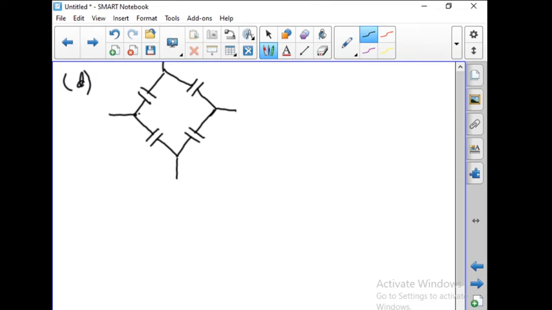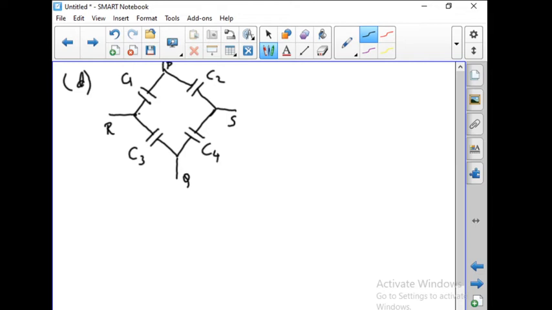These are named as P, Q, R and S. So the capacitors are named as C1, C2, C3 and C4.